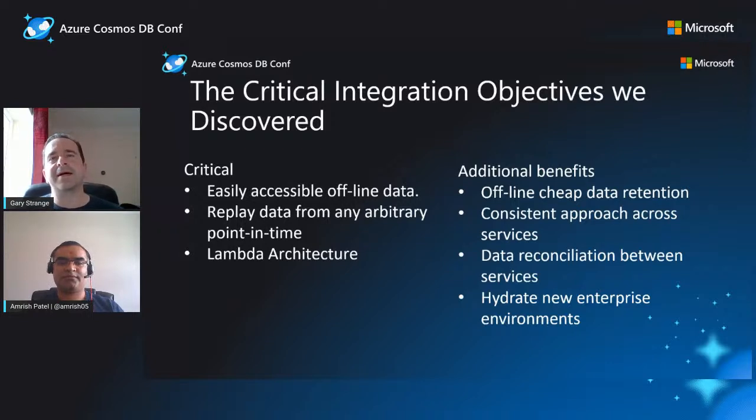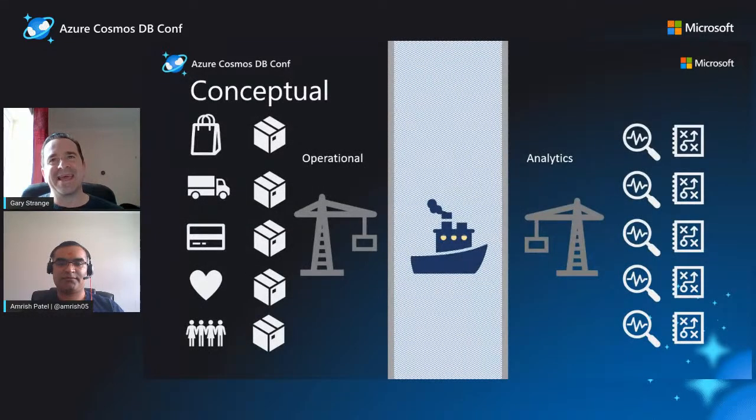conceptual model. Before I get into this slide, it may look like there's a ship stuck in a very narrow canal, but that wasn't what I was trying to do. I actually built this slide long before the Suez blockage. So let me explain. On the left, we've got the microservices.